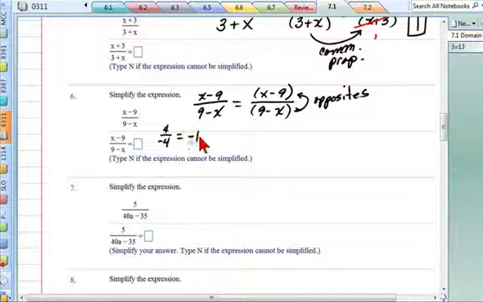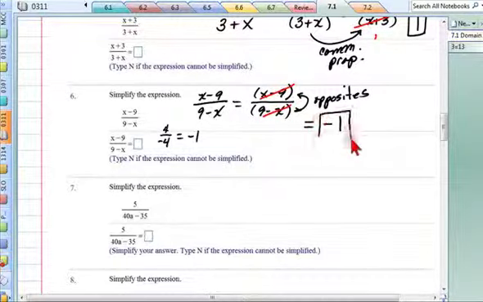It is negative 1. It's not 1, it's negative 1. So if I have these two that are opposites, I can divide those out, but what am I left with? Negative 1. When you divide out opposites, you are left with negative 1.